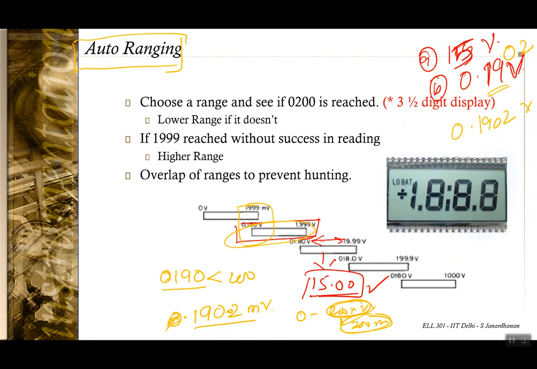Really small errors in the measurement can cause it to hunt between these two ranges perpetually, and you will never be able to get a proper reading at all. To prevent this hunting, you have this overlap. Because of this overlap, it will settle into a range more easily.